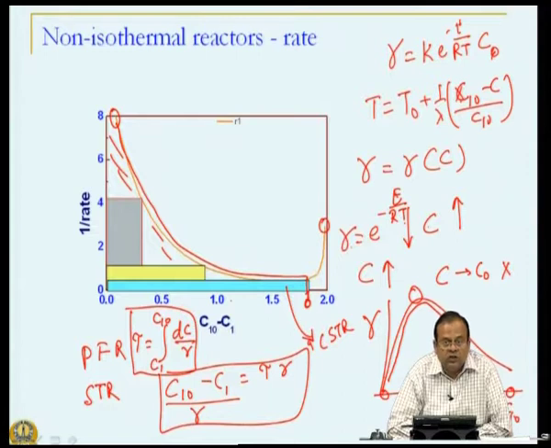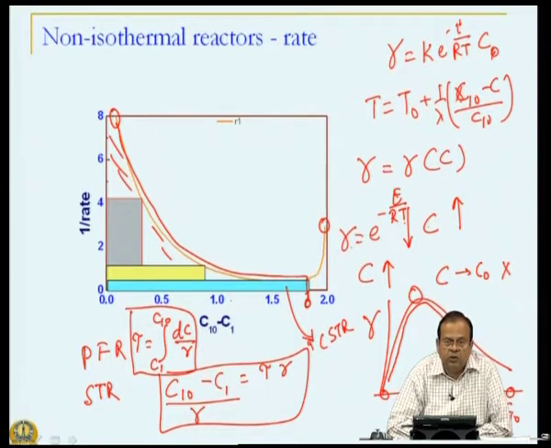So, this is different from isothermal reactor. In fact, what we have made use of in an adiabatic reactor, since temperature increases for exothermic reaction, is that the increase in temperature results in increasing of rates, and therefore, the residence time is smaller for CSTR.